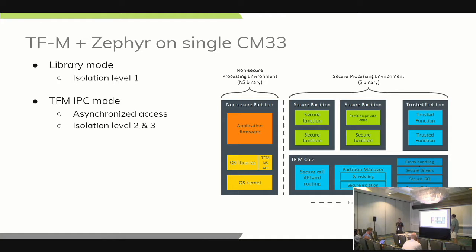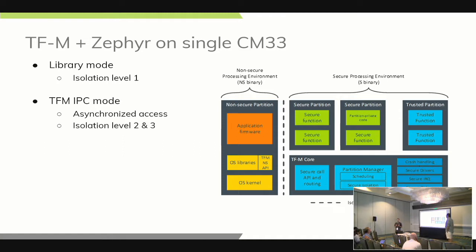With TF-M supporting more and more secure services, the NS APIs grow fast. Based on that, TF-M evolved the IPC mode to handle that. The advantage of IPC mode is huge. All services share the same suite of PSA APIs.